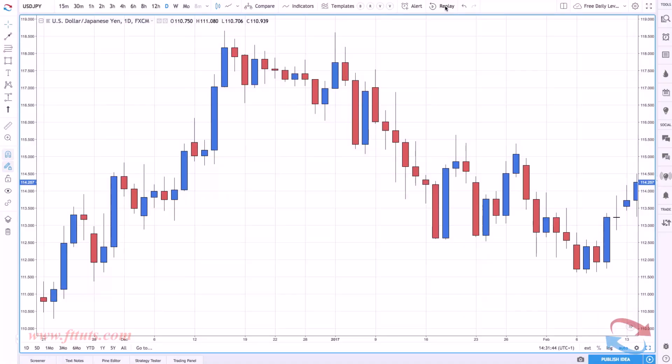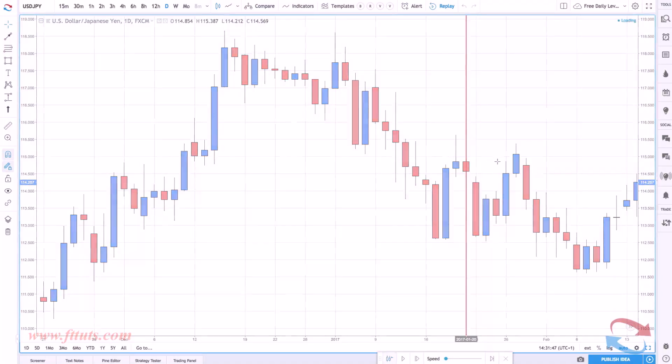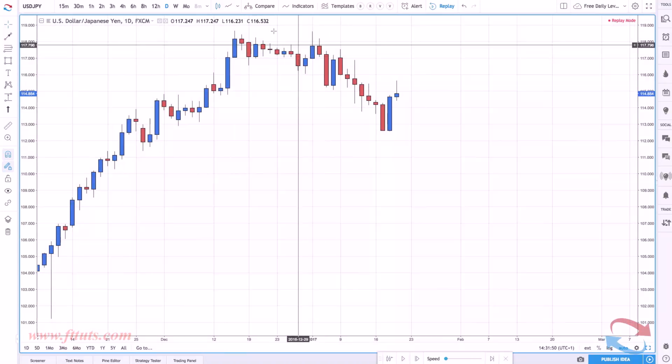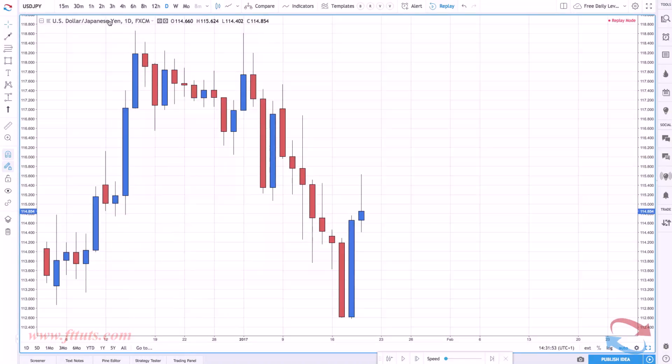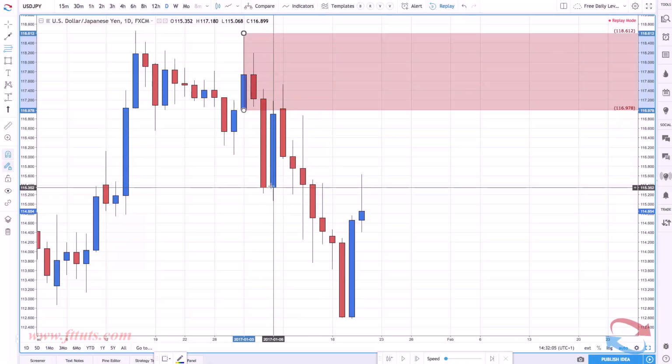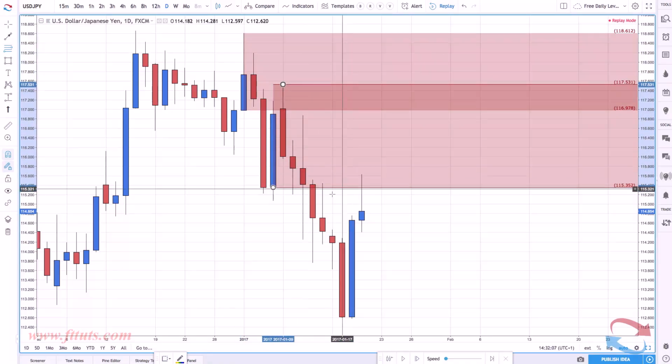So let's say it was from around here. Let's say, for example, we wanted to look to get short. We thought that the yen was going to strengthen over the US dollar. So first things first, what we want to do is look to plot our levels of supply, and we've got quite wide zones, to be fair.